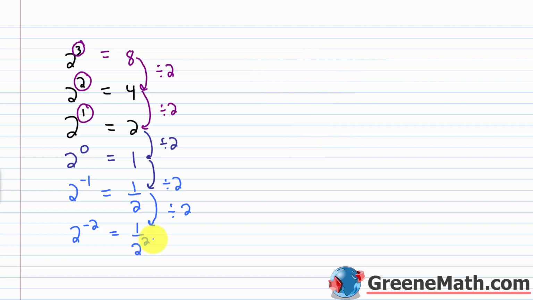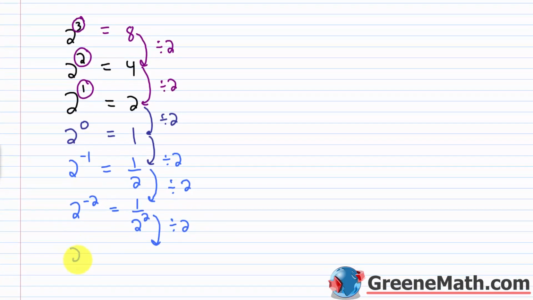As we go one more time to complete this pattern, I'm going to divide by 2. So 2 to the power of negative 3 is 1 over 2 squared times another half. This exponent just increases by 1, so this is 1 over 2 cubed, or 1/8.